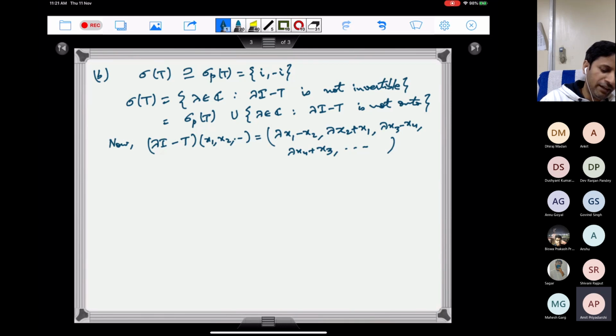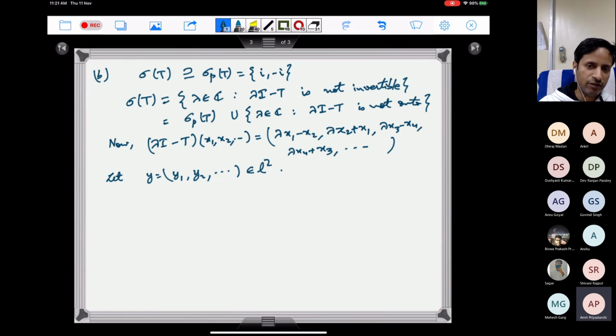So we take any y and then try to find. Let y equal to y1, y2, which belongs to L2. We want to know whether there exists x such that lambda I minus T of x is equal to y.